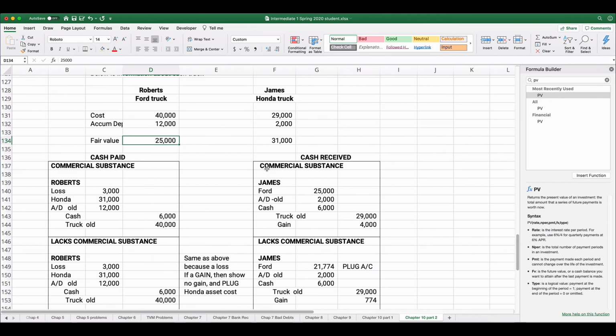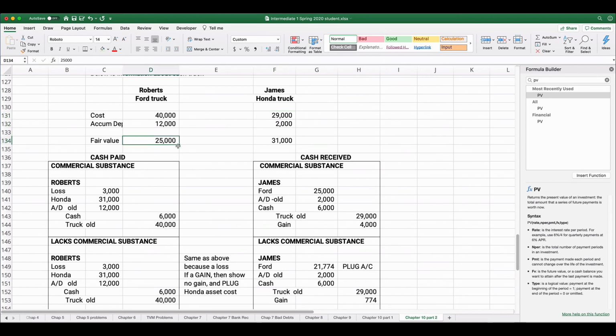James would have cash received, so received cash of 6, buys the new truck of 25, that's the fair value. Gets rid of the old accumulated depreciation of 2, gets rid of the old cost of 29, and James would have a gain of 4,000. Where do we get that 4,000? Well, they have an asset on their books at 27.